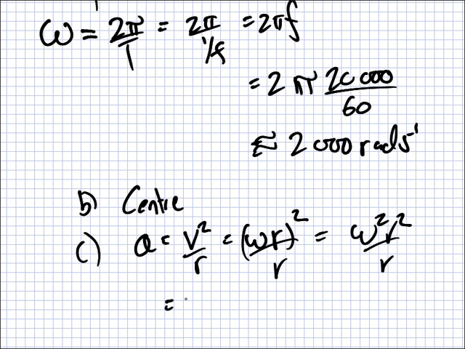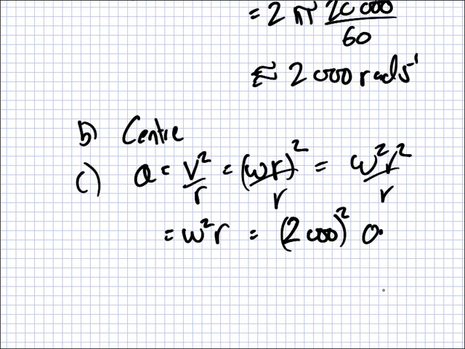If you want, you can just jump to saying omega squared r. And omega you worked out. It's about 2,000, roughly. So it's 2,000 squared times 0.06. Was it exactly 2,000? 2094. Oh, okay, 2094, right. Better use 2094.